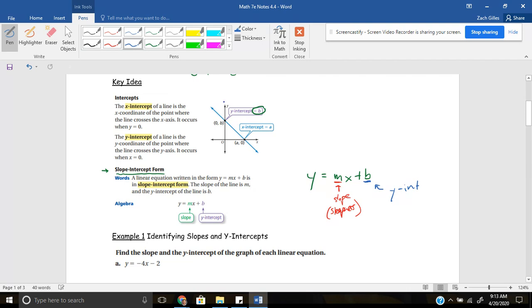That's where your line crosses the y-axis. And you only need to know these two things, the y-intercept and the slope, to be able to graph this equation and make a line. It's actually really quite handy, and I think you'll see that here.